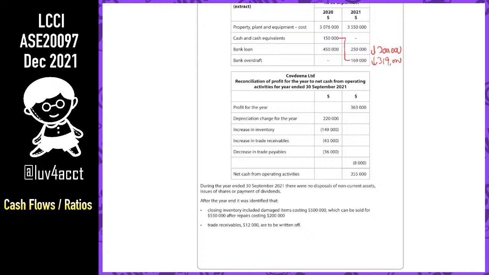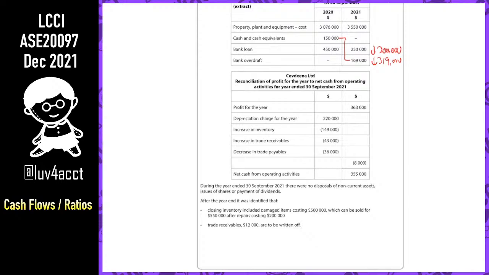Okay, the reconciliation of profit to net cash from operating activities. Let's see if it is correct. Profit for the year 363, depreciation charge 220, add, correct.